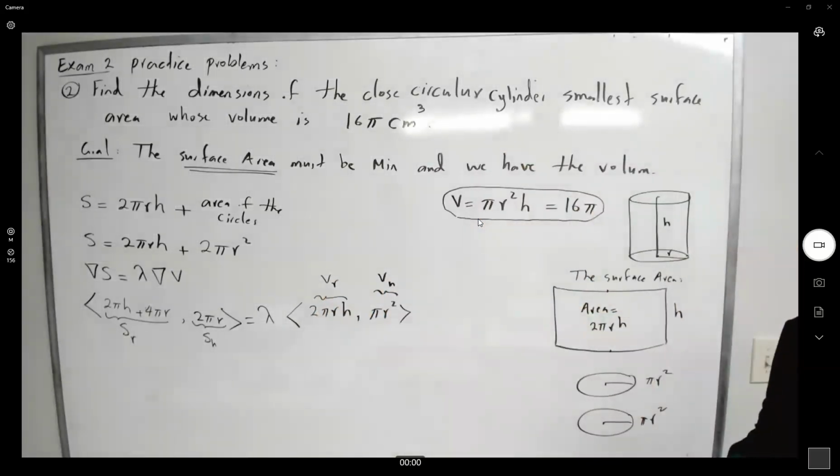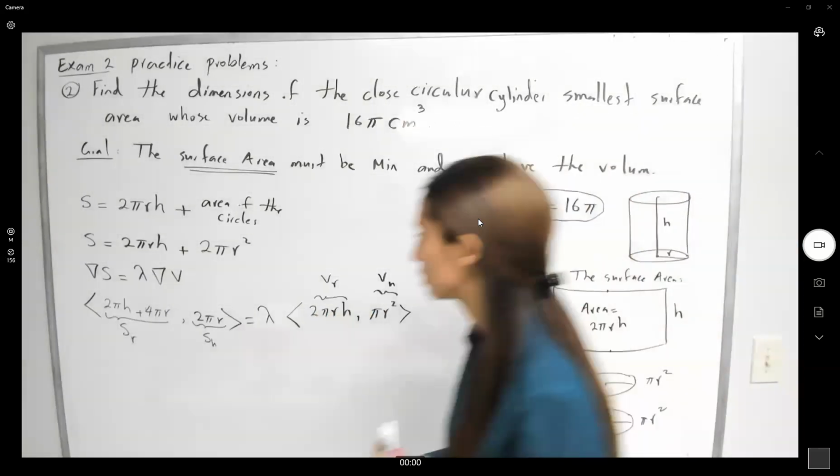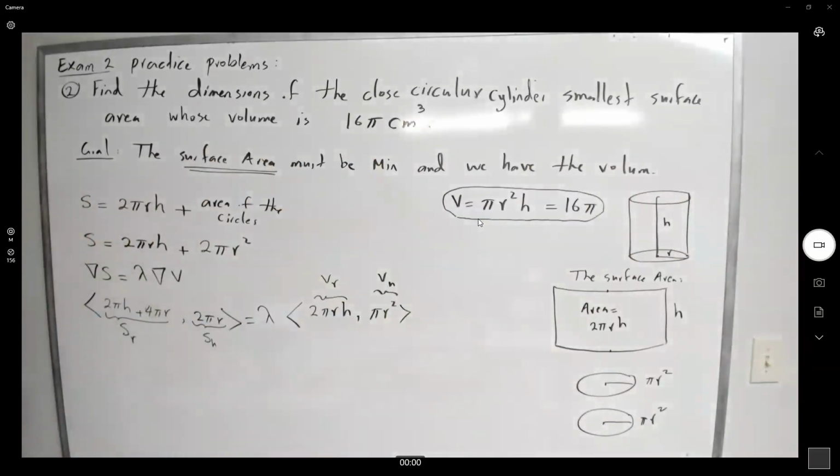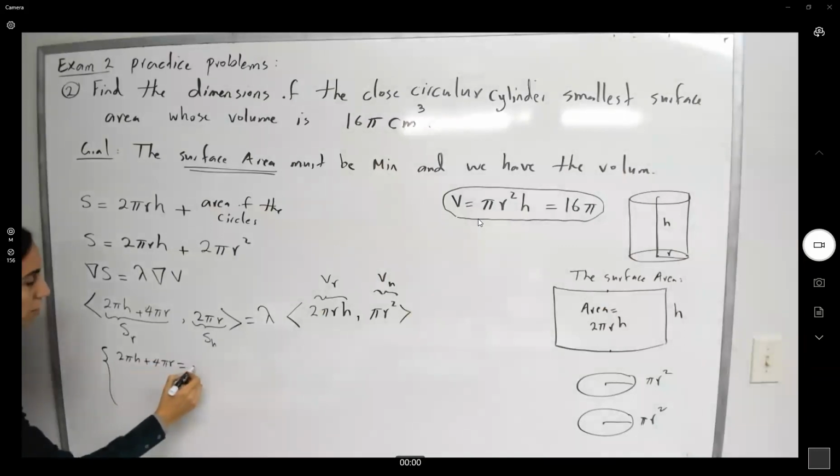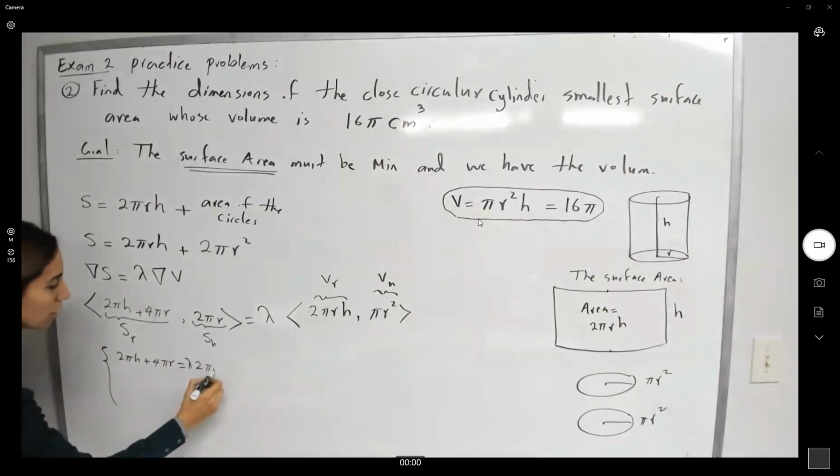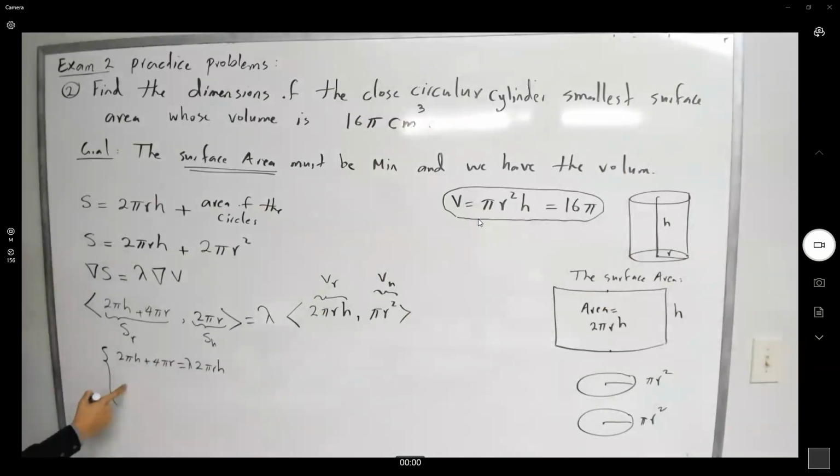Now we set these equal to each other and try to solve for lambda. So what we get: 2 pi h plus 4 pi r equals 2 times lambda pi rh. And on the other side, you have 2 pi r equals lambda pi r squared.